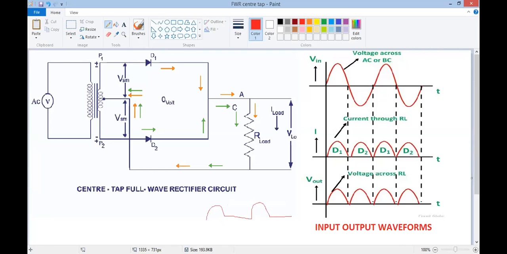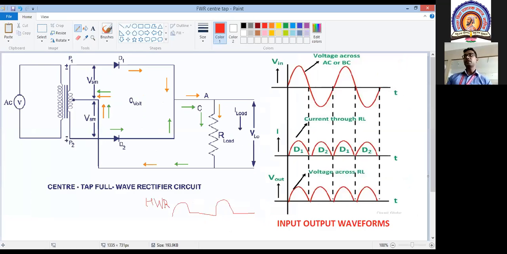This kind of output was for the half wave rectifier, HWR, meaning only half wave is rectified. But here in the full wave rectifier, the entire wave, that is the positive half cycle and the negative half cycle, both are rectified. That's why it is called a full wave rectifier. Hence the circuit is named center tap full wave rectifier.